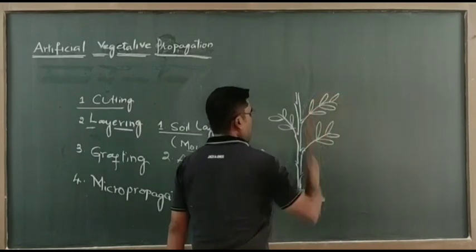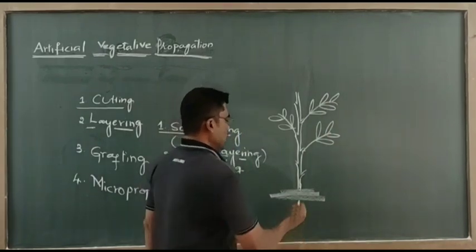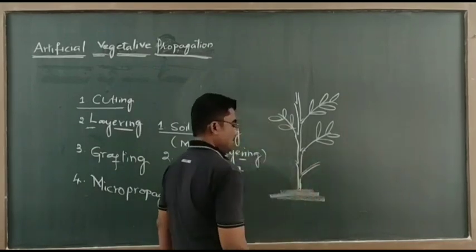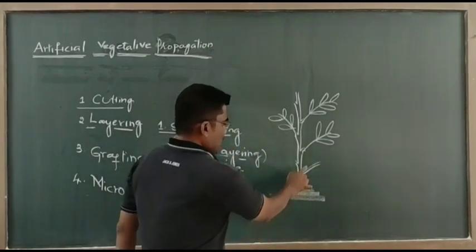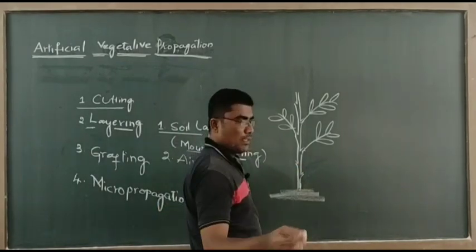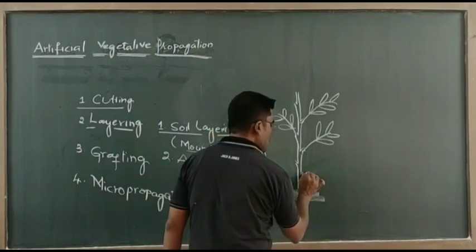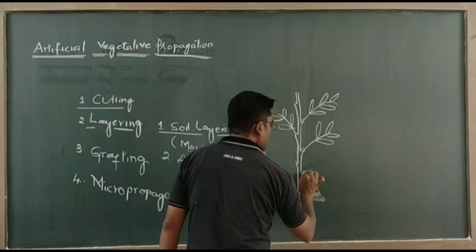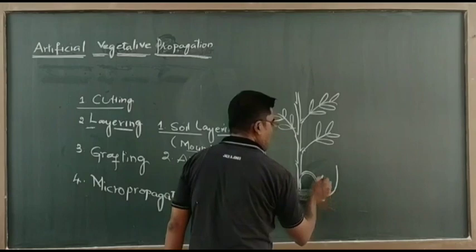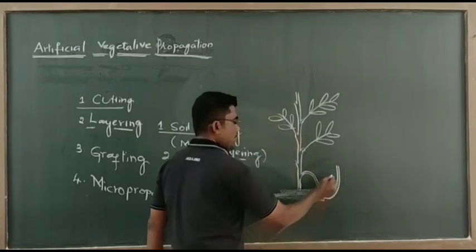Now for layering, lower lateral branches are selected. For example, say this is the lower lateral branch. This lateral branch is defoliated, meaning the leaves present on this branch are removed, and it is bent downward in such a way that it touches the soil. For example, in this way it is bent.